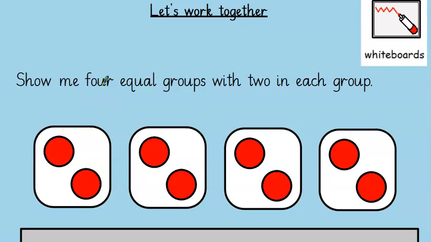Can you write next to it 4 groups underneath it? Oh, remember, Miss Hemingway's handwriting's really hard on this laptop, so please don't judge me for my messy handwriting. 4 groups of 2.